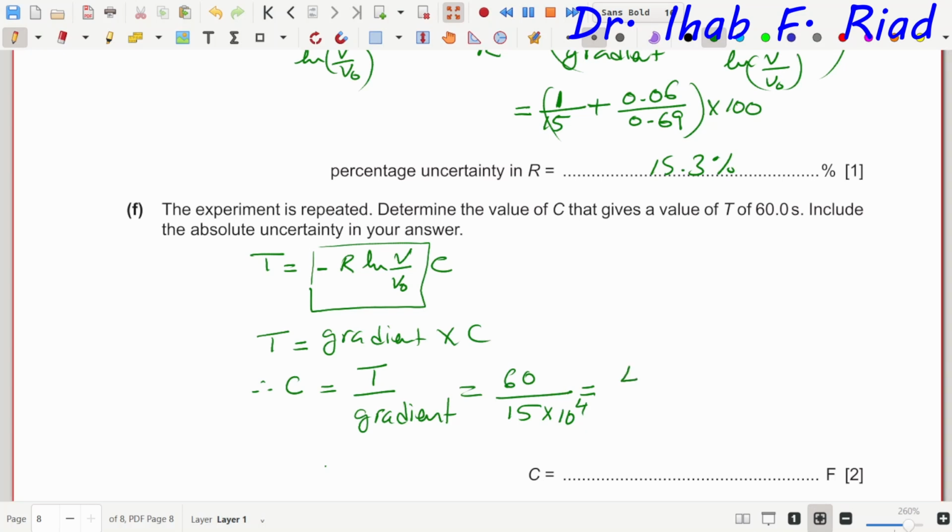It is going to be 4 times 10 to the power minus 4 farads.